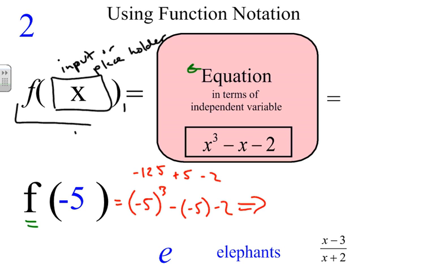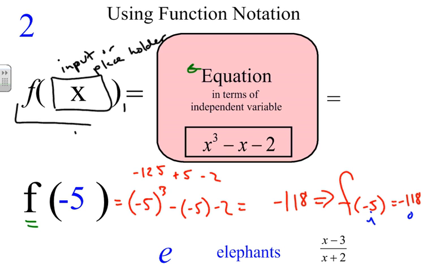So we have a negative 118. Hope I did that right. So f of -5, my input, when I plug in -5, I get out negative 118. That's my value. Input, output.